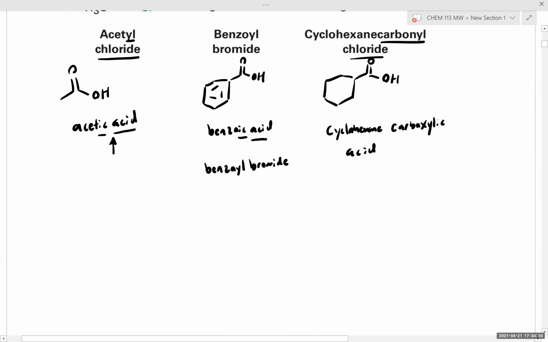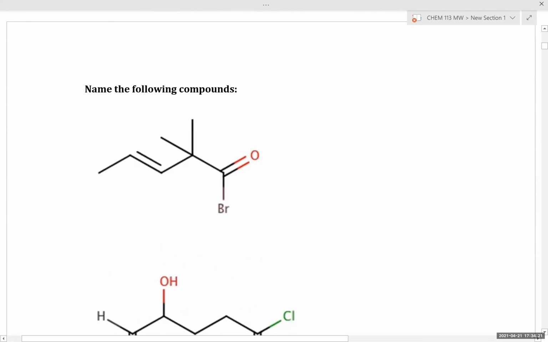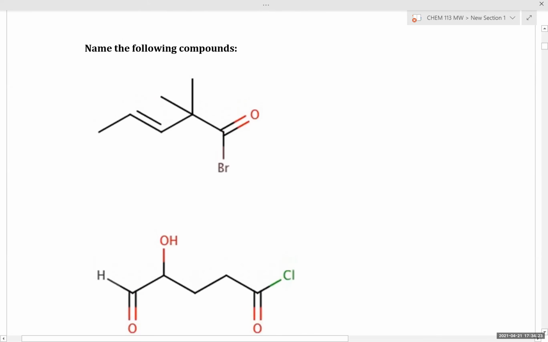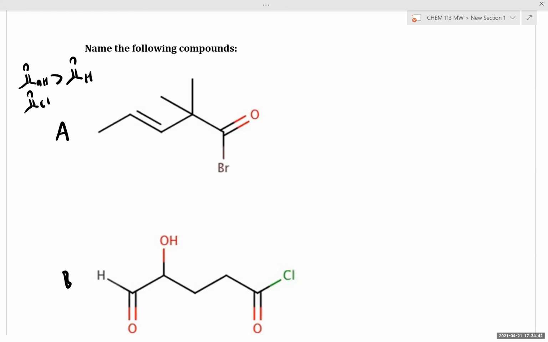Okay. So let's try to apply what we've learned now, and let's try to name the following compounds, A and B. Keeping in mind that acyl chlorides, just like carboxylic acids, are very high priority functional groups. And as such, they're named and numbered preferentially with the lowest possible locant number.